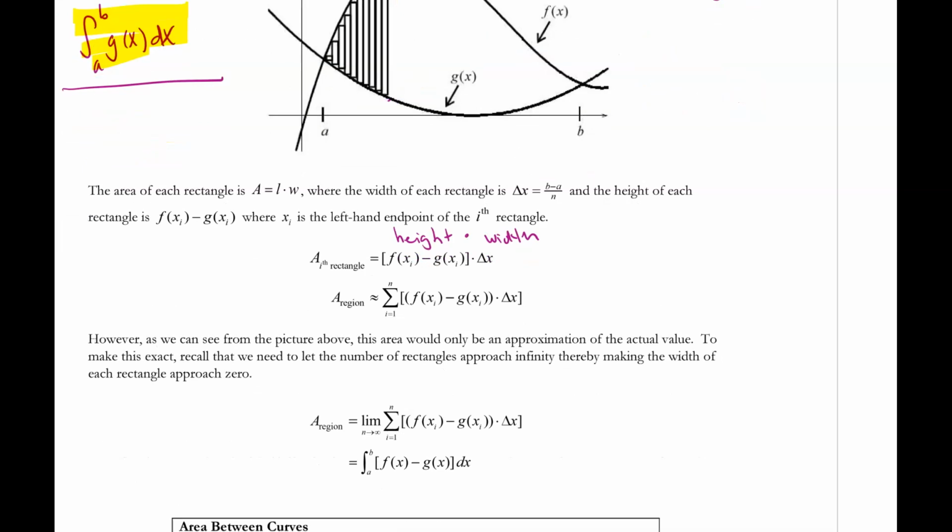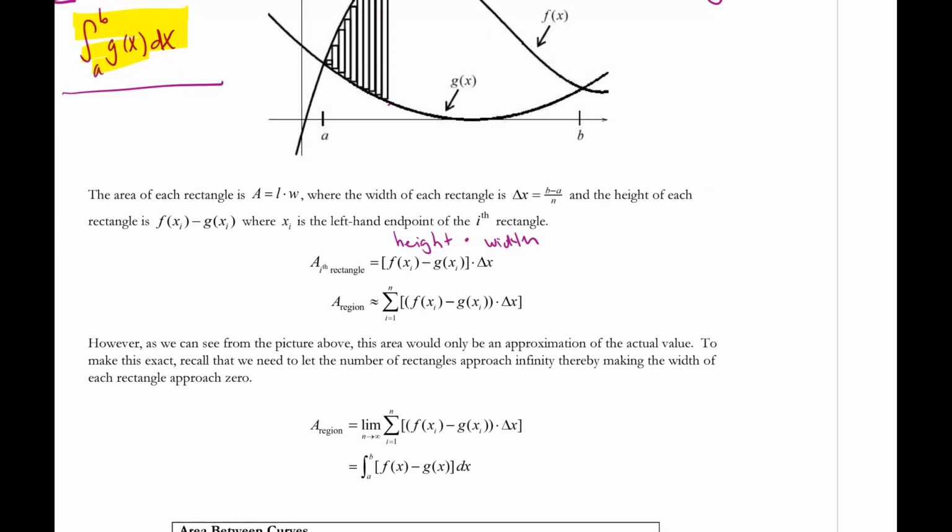Just like we did before, we can approximate this area with a Riemann sum. Starting from where i equals 1 to i equals infinity, we're going to add up all these rectangles.